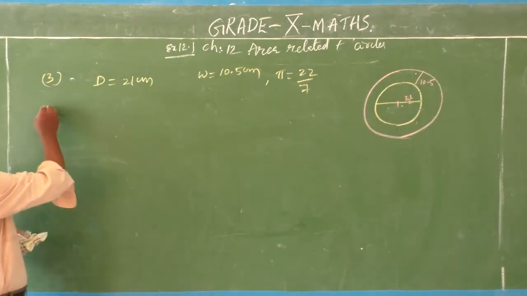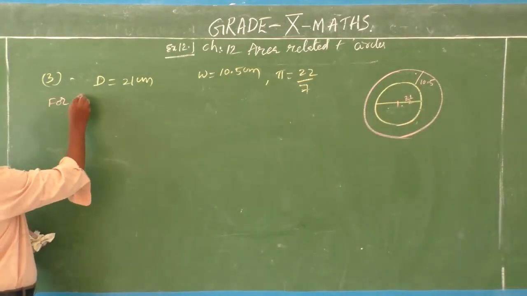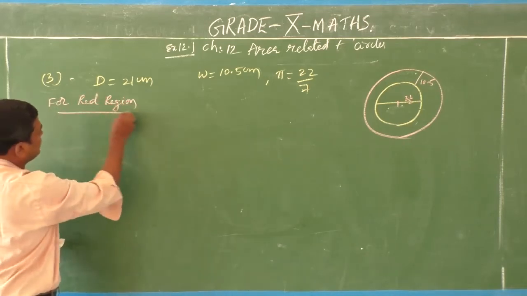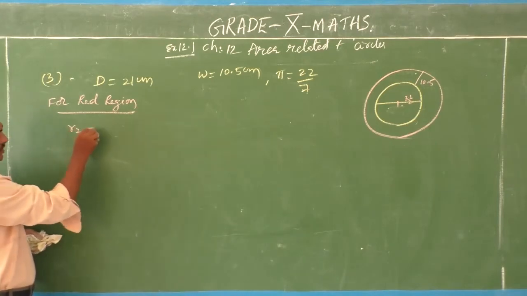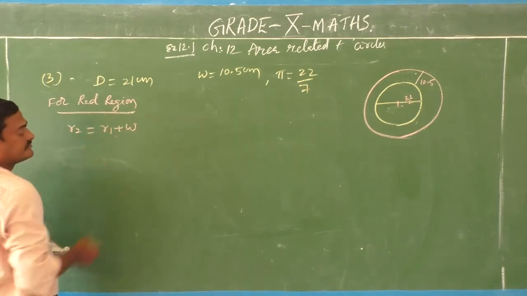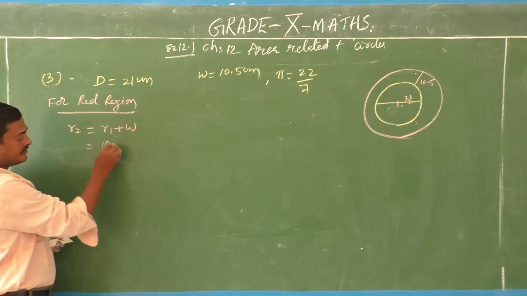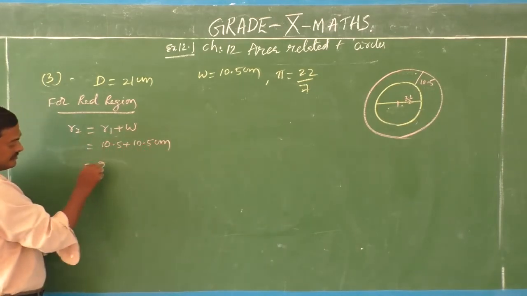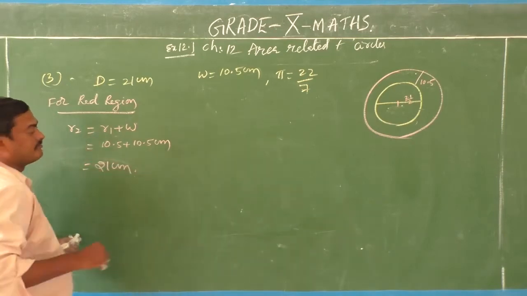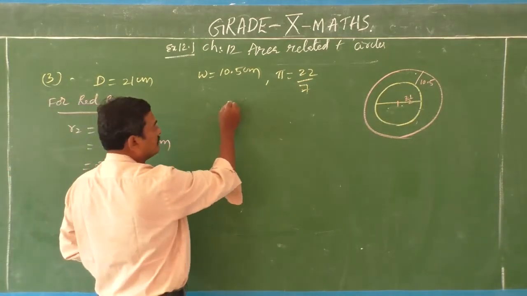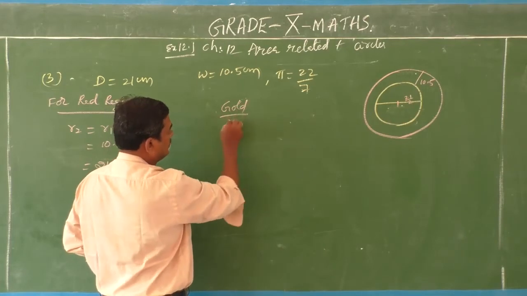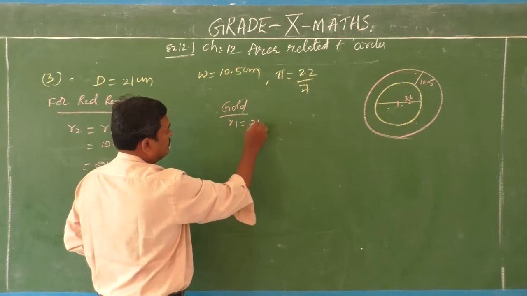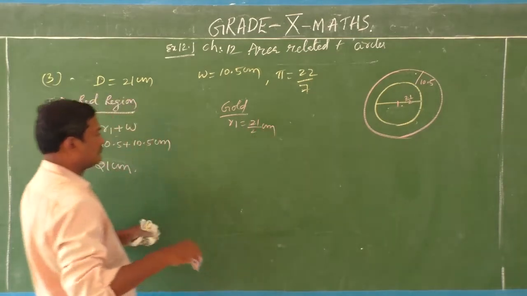For the red region, R2 equals R1 plus W. R1 is 10.5, plus 10.5 centimeter, that equals 21 centimeter. Here for gold, R1 equals 10.5 or 21 by 2 centimeter.